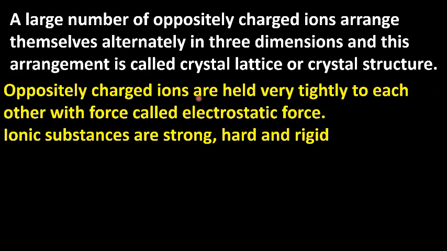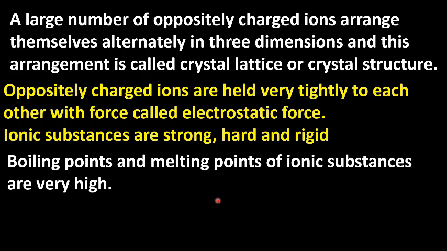A large number of oppositely charged ions arrange themselves alternately in 3 dimensions, and this arrangement is referred to as crystal structure or crystal lattice. Since oppositely charged ions are held very tightly to each other with a force known as electrostatic force, ionic substances are very strong, hard, and rigid.